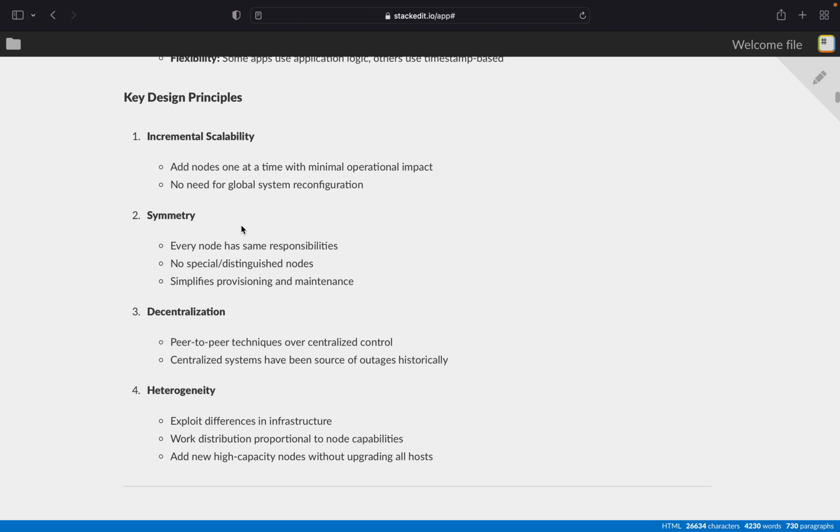The followers can accept read operations, but write operations must go through the master, which is also called active-passive architecture. In that case, one node has more responsibility than the others, right? But in Dynamo's case, all nodes are treated as equal. There is no concept of leader or follower.